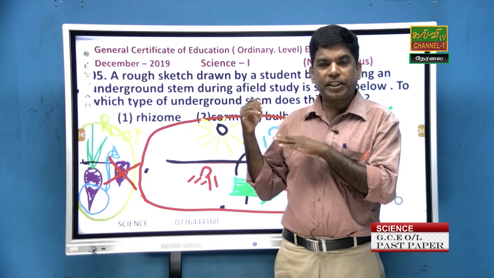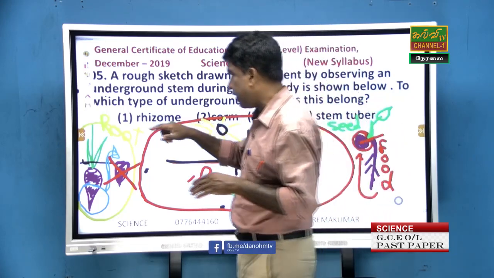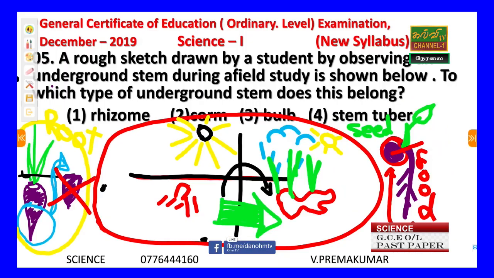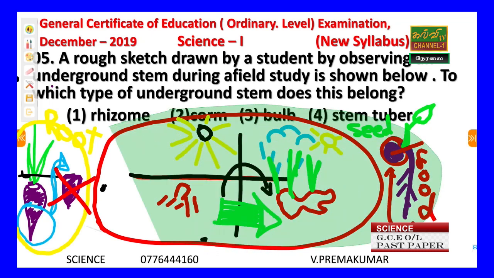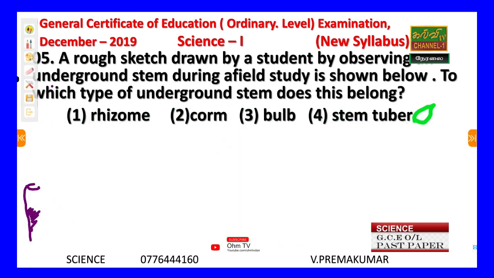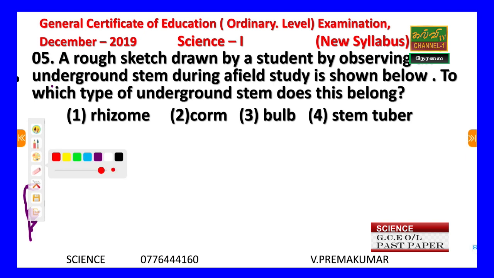Now we are going to do these questions. The question shows a rough sketch drawn by students observing an underground stem during a field study, and they are asking about an underground stem with this shape.